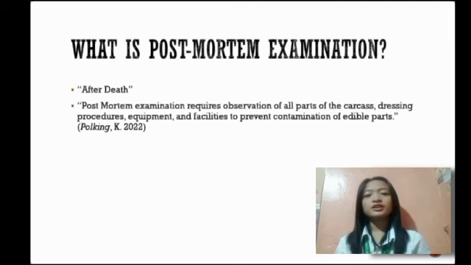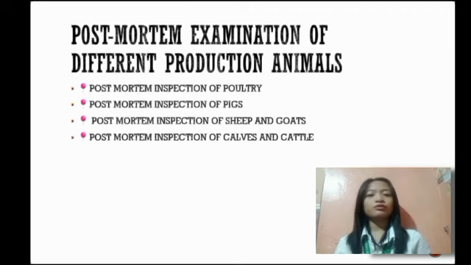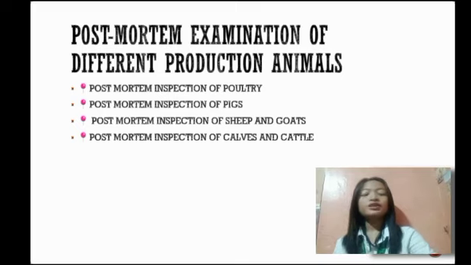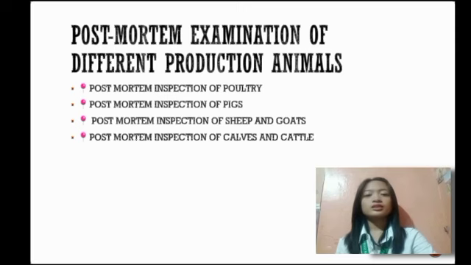Included in this video, we are going to be tackling 4 types of main production animals that are being slaughtered. First, post-mortem examination of poultry, post-mortem examination of pigs, post-mortem examination of sheep and goats, and post-mortem examination of cows and cattle.